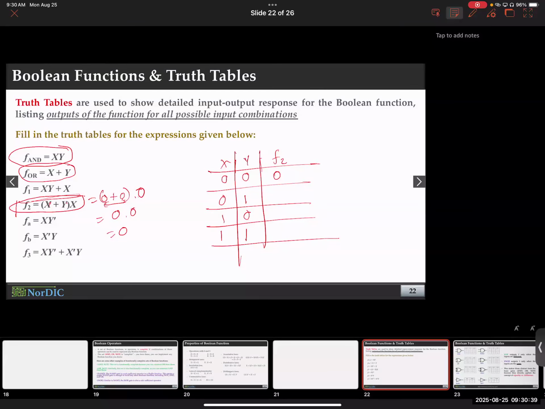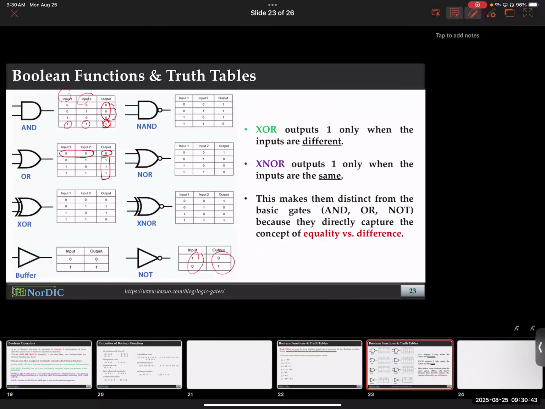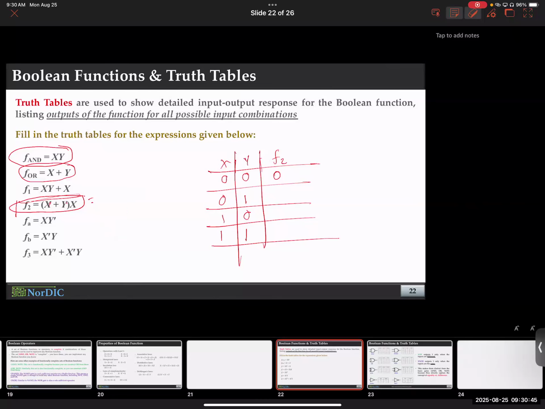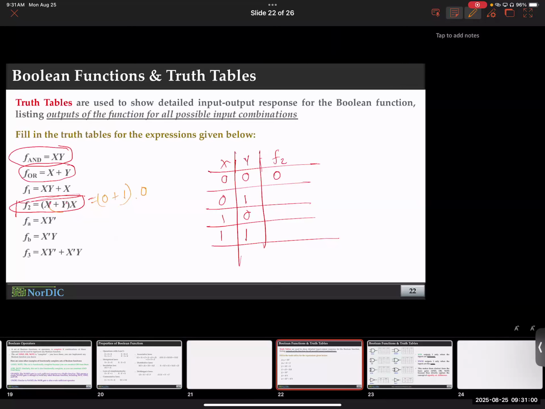Let me take one more. So let's get to the next one, which is 0, 1. So your x is 0, y is 1, and then x is 0 again. Now what? 0 plus 1 should be 1.